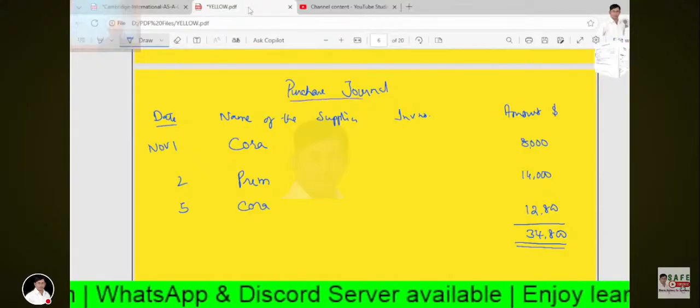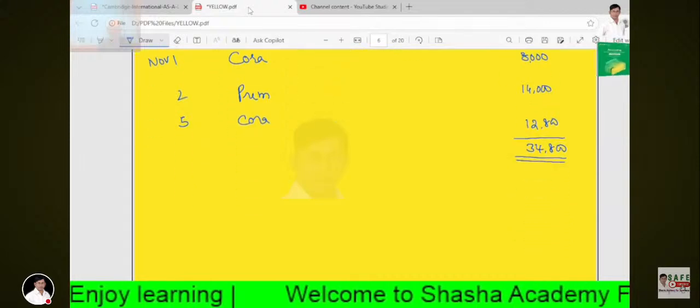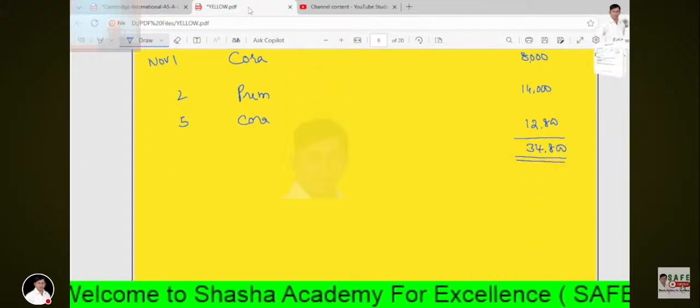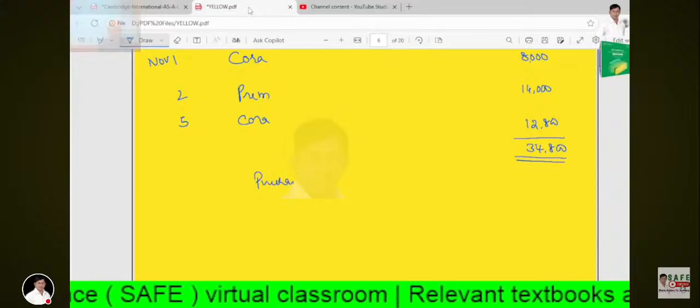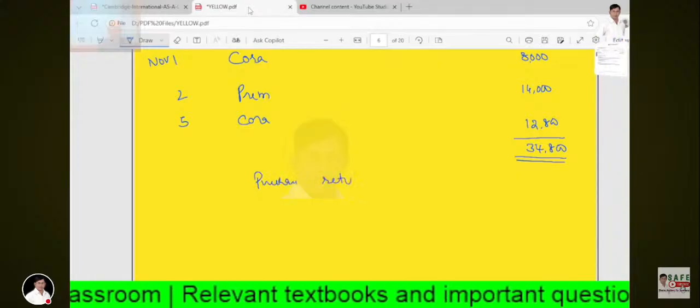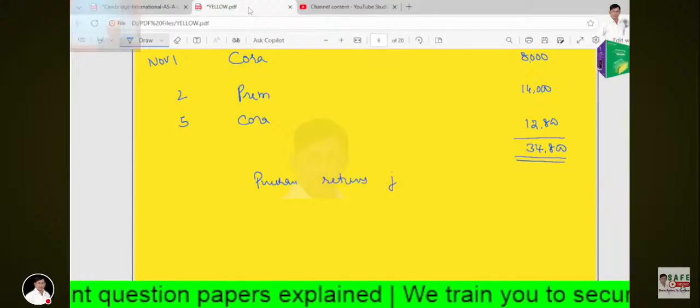This is the purchase journal. Now we need to record the purchase returns journal.